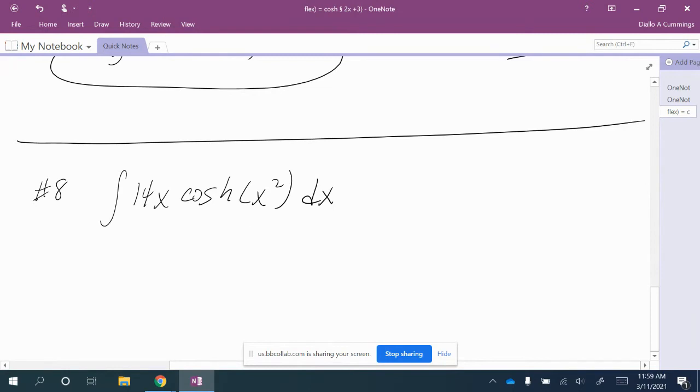All right, so the first thing I'm going to do here is I want to try to write everything in terms of the variable u, right? Because we have a formula to integrate the hyperbolic cosine of u, not the hyperbolic cosine of x squared. So my first thing I'm going to substitute is u equal to x squared.